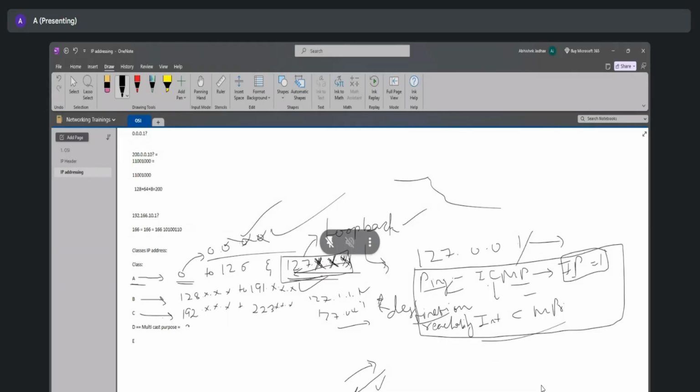And then class D, which ranges from 224.x to, sorry, 239.x. Okay, it's 224 to 239. Then what about class E? Class E ranges from 240 to 254.